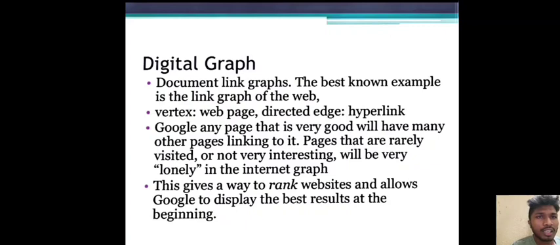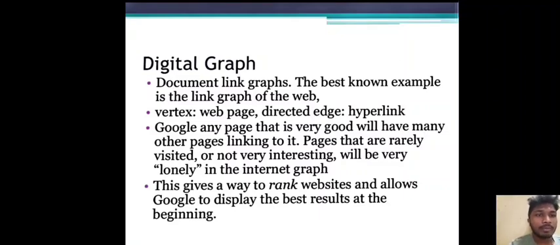Pages that are rarely visited or not very interesting will be very lonely in the internet graph. This gives a way to rank websites and allows Google to display the best results at the beginning. Like when we search a link in Google, it will show much faster than one that we type once in a week.